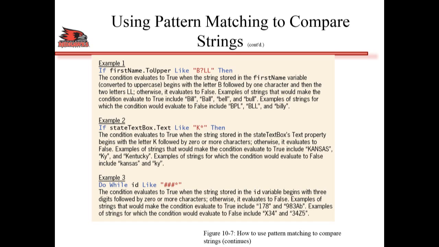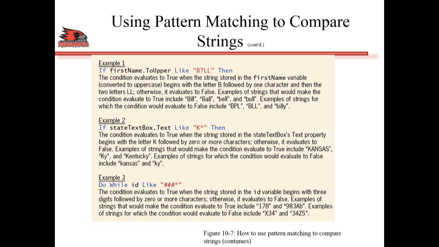Just the first letter has to be K and it has to be uppercase. If not uppercase, it returns false. So uppercase K, uppercase KY, and Kentucky all return true, but Kansas and KY with the K in lowercase return false.